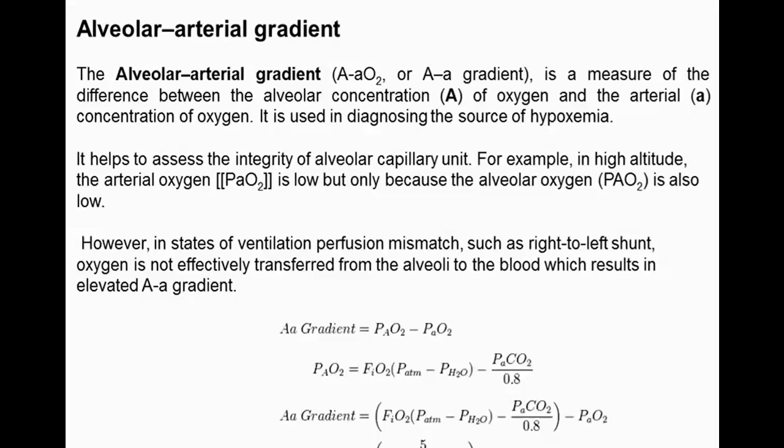Inside the nose and the respiratory tract it will be FiO2 by atmospheric pressure minus water pressure. Atmospheric pressure is 760, water pressure is 47. So at sea level this is 713, constant. FiO2 is 0.21. So at sea level and normal FiO2 in room air, this will be about 150, constant.